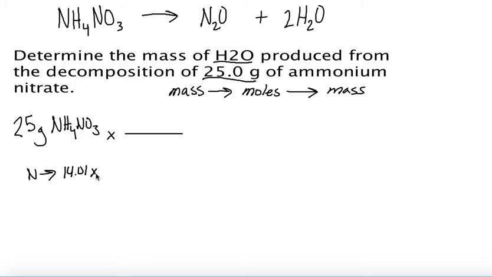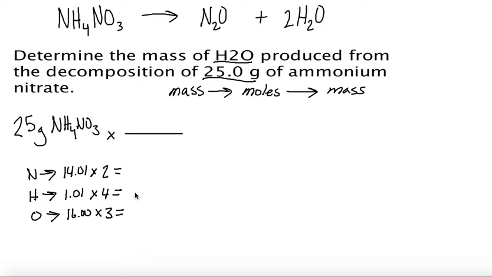So 14.01 times 2. We've got hydrogen, 1.01 times 4. And we've got oxygen. Oxygen is 16.00 times, there's 3 of them.